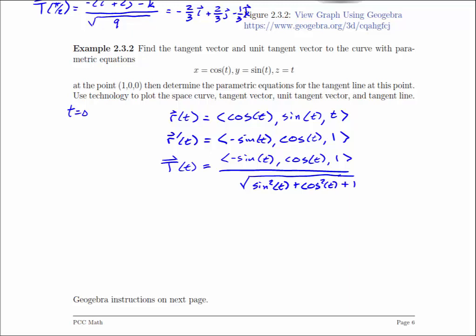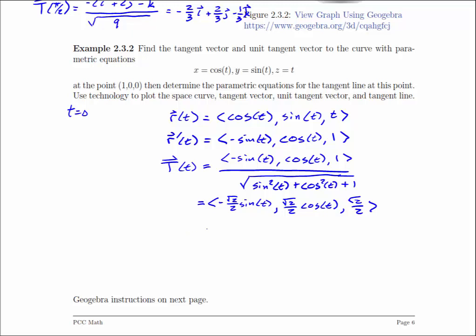And this is 1 right here. So this simplifies down to the square root of 2. I can rewrite this now as negative square root of 2 over 2 sine of t, and I get this by rationalizing. Pause the video and double check that real quick if you would like to. Square root of 2 over 2 cosine of t, comma, square root of 2 over 2.